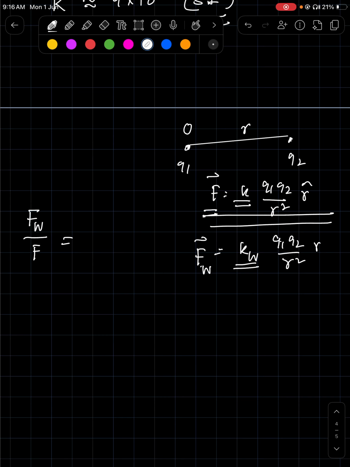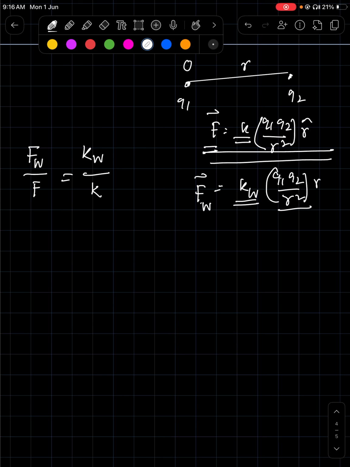Students can easily notice that Q1 Q2 by R square is the same in both expressions. The only difference is Kw and K. So Q1, Q2, R square cancel out from the numerator and denominator, leaving Kw by K. We already know that K is 1 by 4 pi epsilon naught, where epsilon naught is the permittivity of the vacuum, and similarly Kw is 1 by 4 pi epsilon W, where epsilon W is the permittivity of water.